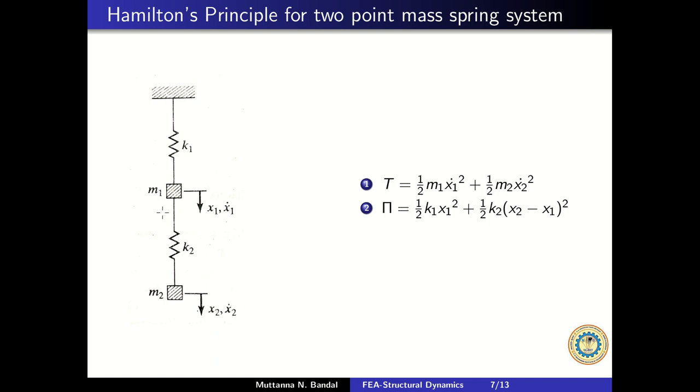Let m1 displace by x1, and x1 dot refers to the velocity of the mass m1.